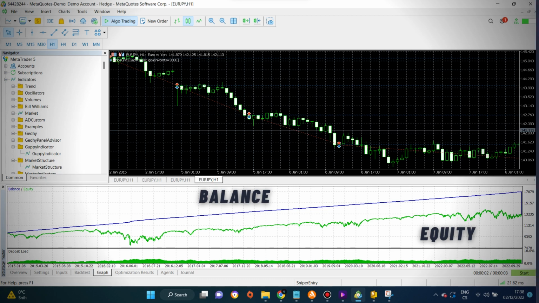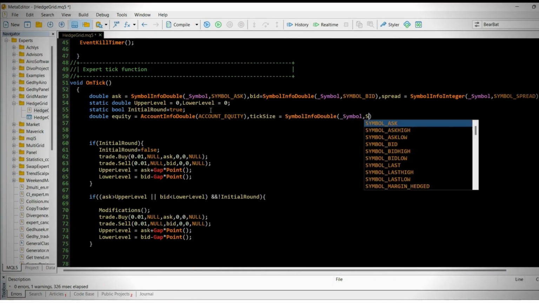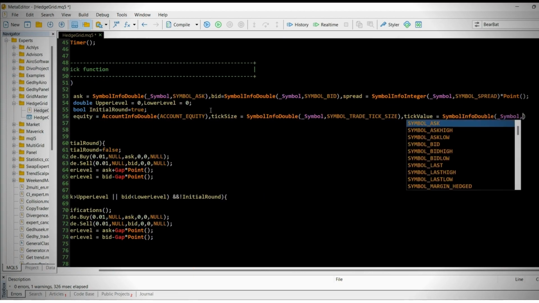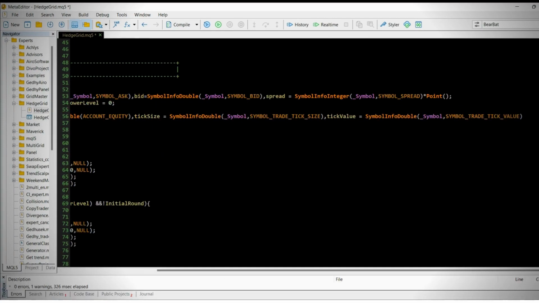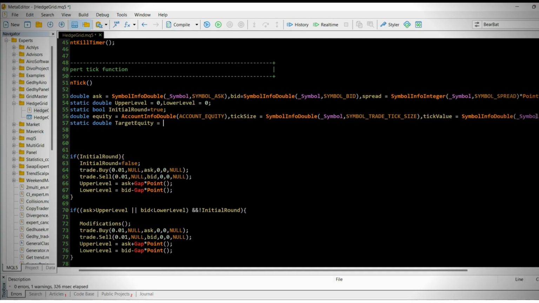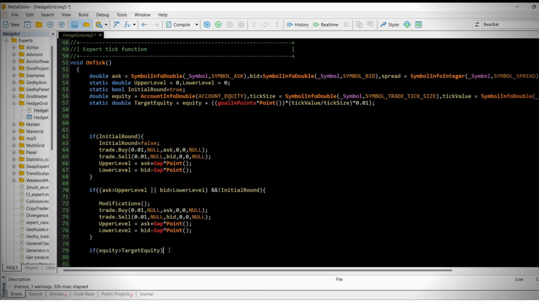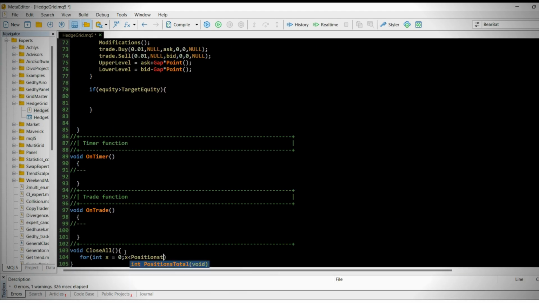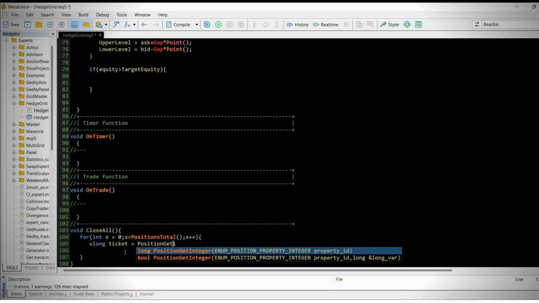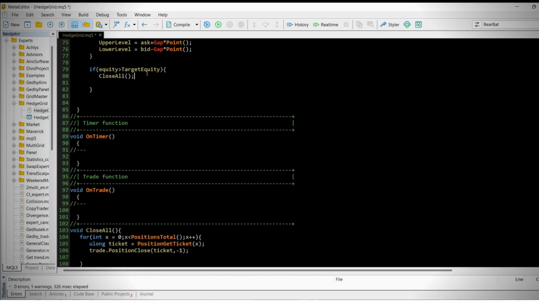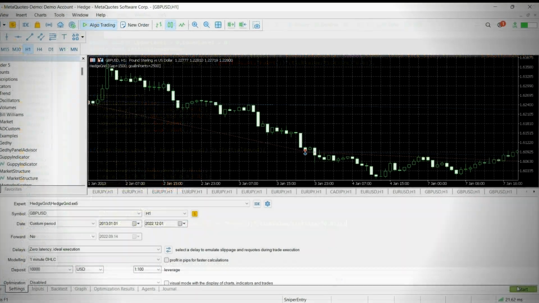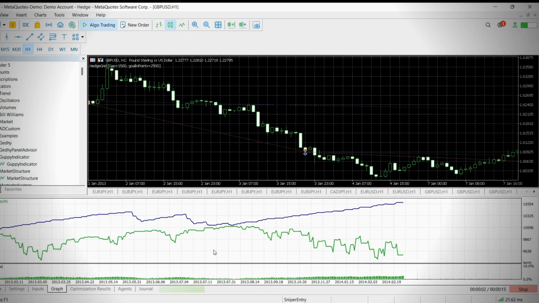So, let's go back to the editor and modify the code. The code is modified, so now it's time to check if it helped.